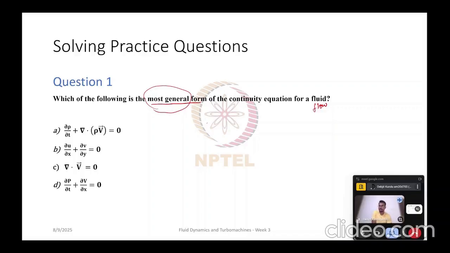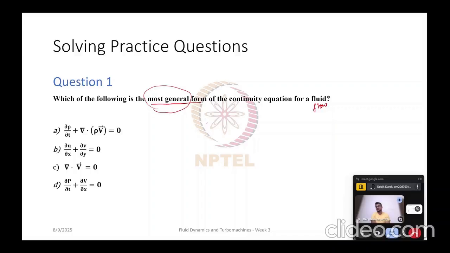Is it option A, dou rho dou t plus the divergence of rho v vector, or is it option B, dou u dou x plus dou v dou y equals 0?